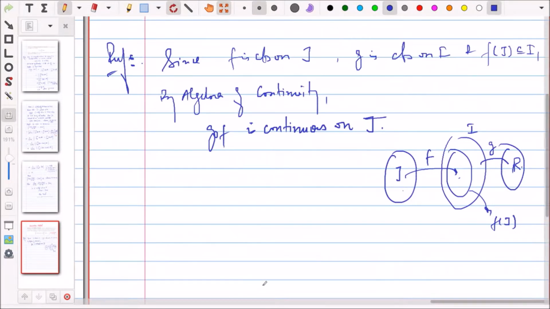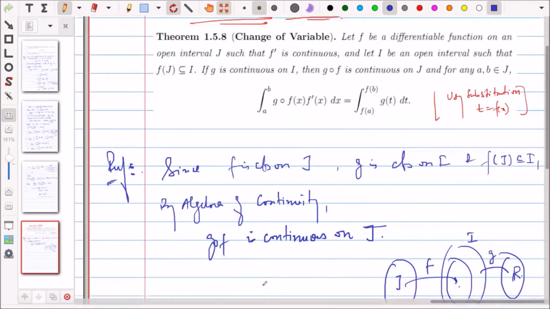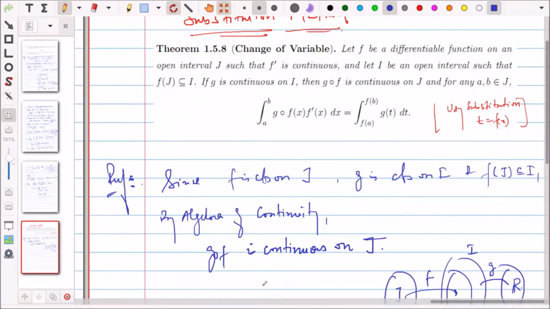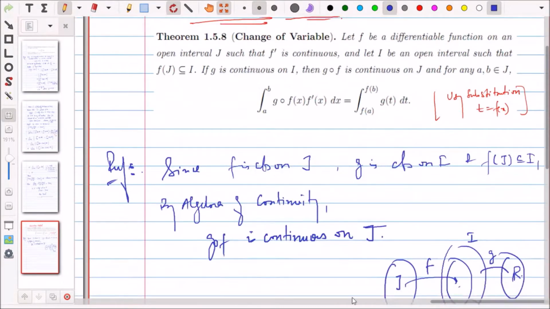We will have to define some function, some integral function, right? तो इंटीग्रल फंक्शन क्या डिफाइन करोगे?